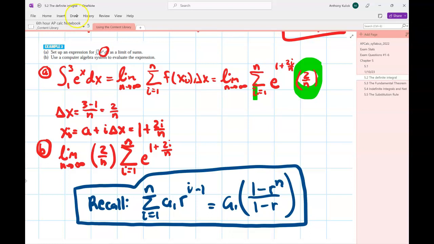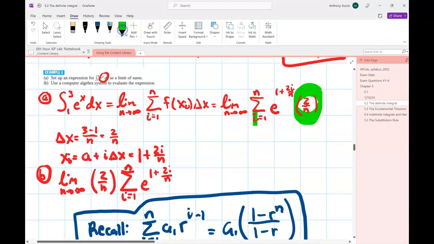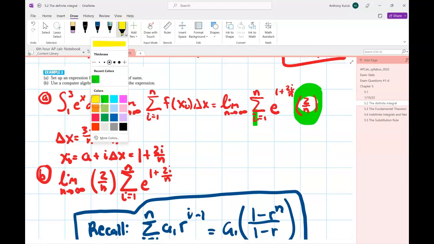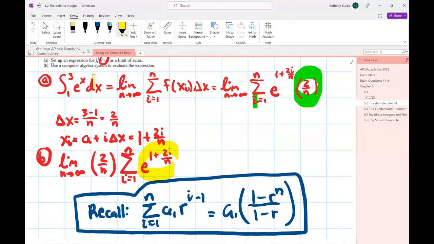The problem with where I'm at is my expression here doesn't match the form that I need in order to use this formula. So I'm going to have to do a little bit of algebra rearranging to get that to match so I can just plug it into the formula. Everybody's cool with that plan?